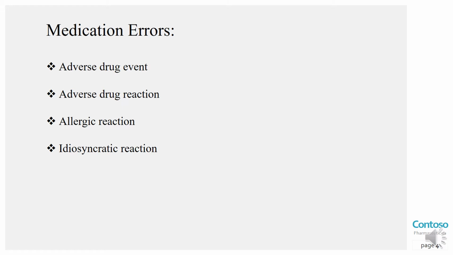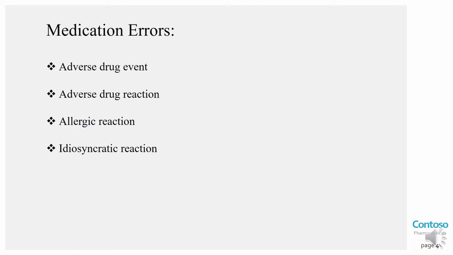So let's talk about what medication errors are. First of all, an adverse drug event is a general term that encompasses all types of clinical problems related to medication use, including medication errors and adverse drug reactions.